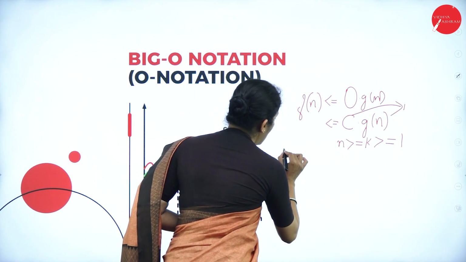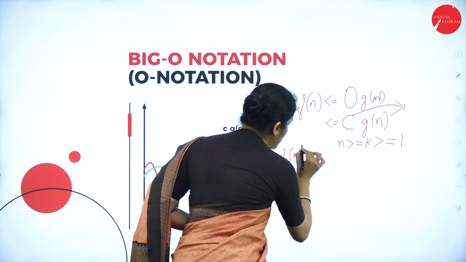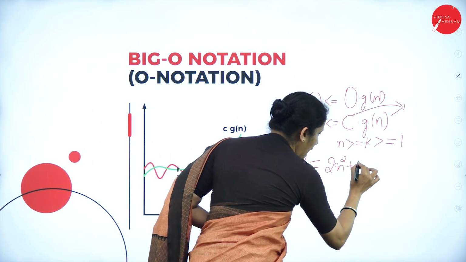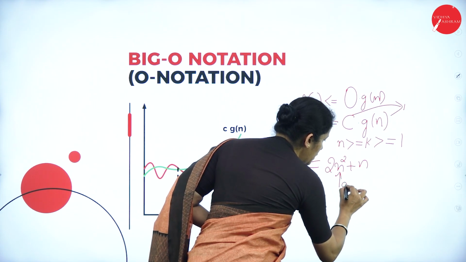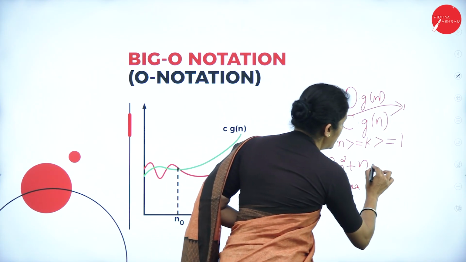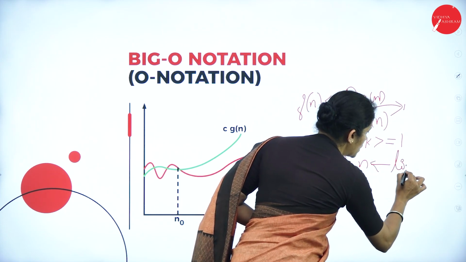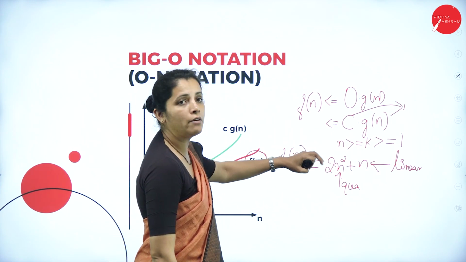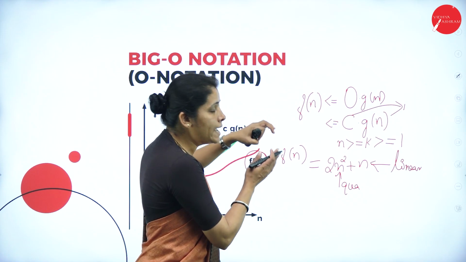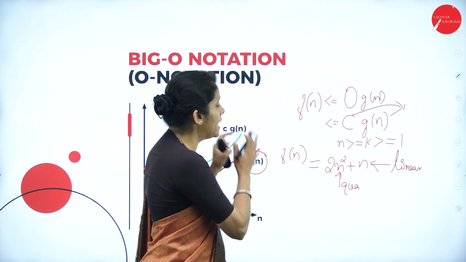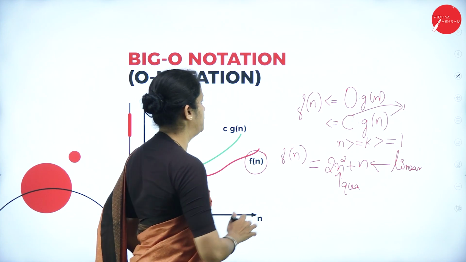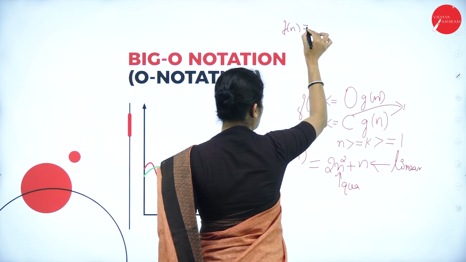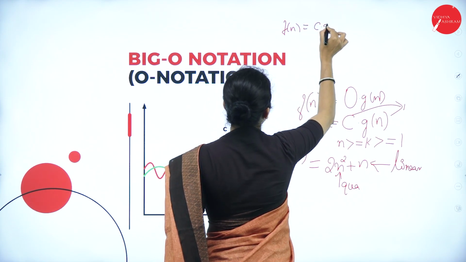Now I'll substitute f of n with the value 2n square plus n. Here n square is the quadratic term and n is the linear term. I want to substitute the values in such a way that f of n is less than or equal to c of g of n.